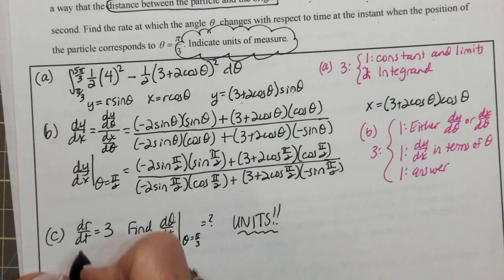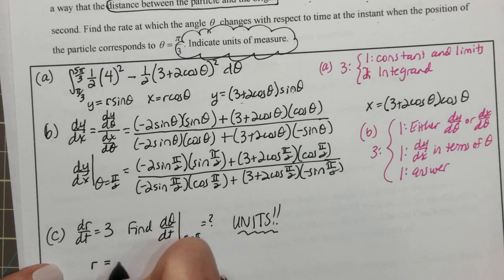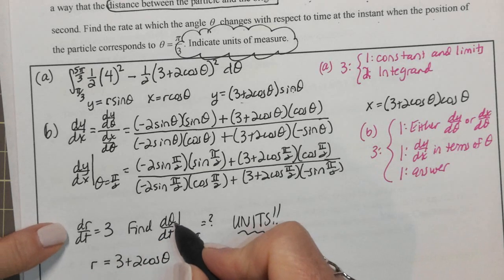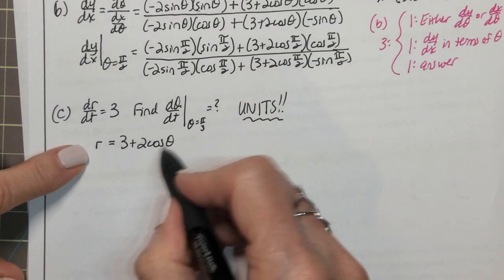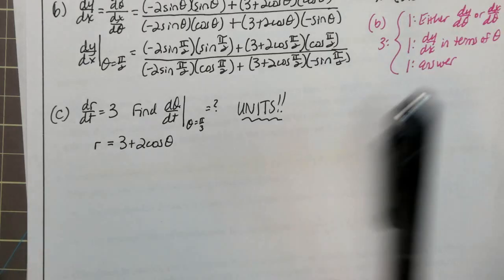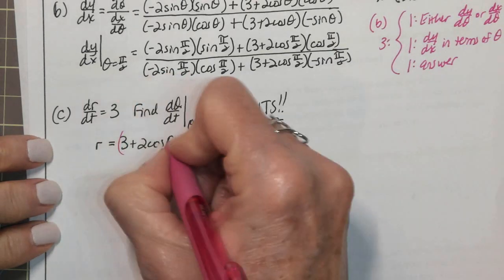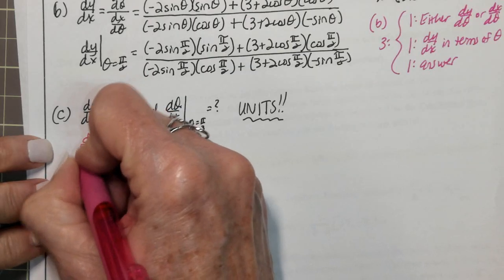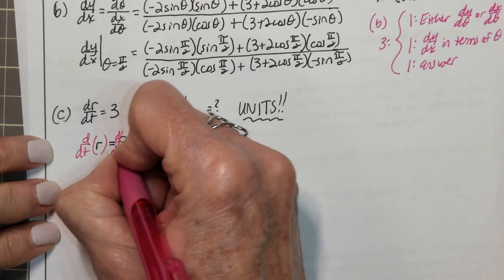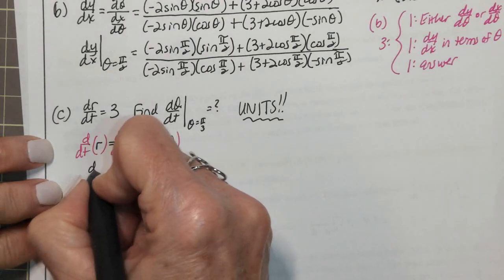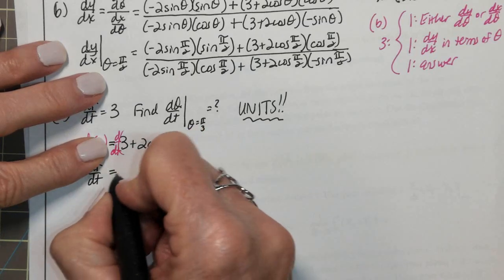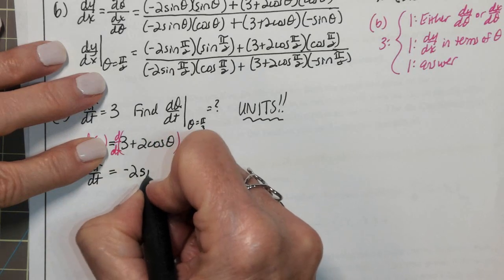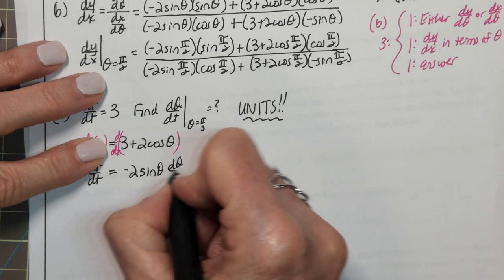Okay, so I don't find these very hard because they told me what r is equal to, and we want to find d theta dt. If I want to find d theta dt, and they give me an equation with theta, I take the derivative of both sides with respect to t. So we're taking the derivative of both sides with respect to t. We get dr dt is equal to -2 sine theta d theta dt.